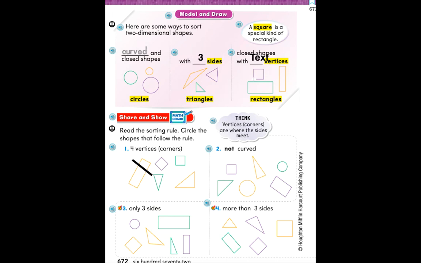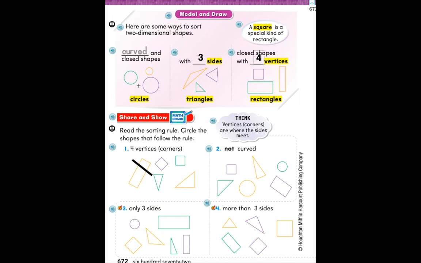Let's count. One, two, three, four for the square. One, two, three, four for the rectangle. So how many sides are there? Four sides for rectangles and squares, and four vertices. The joining point of the sides is called a vertex. Four vertices for rectangles and squares.